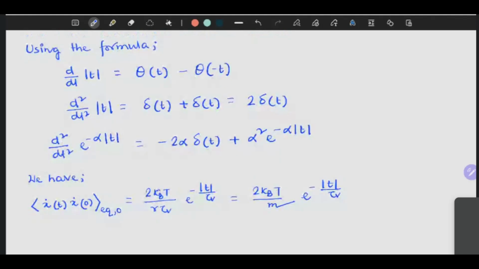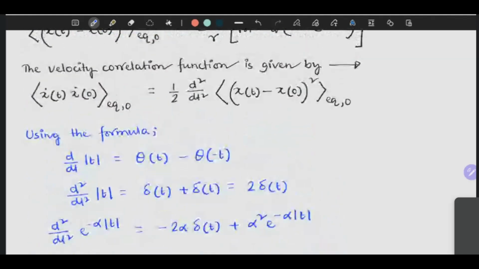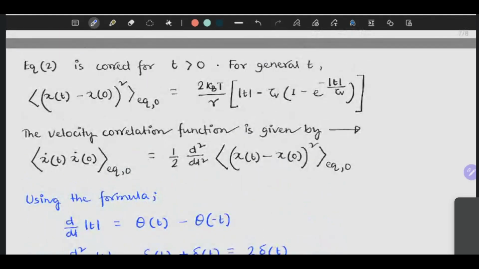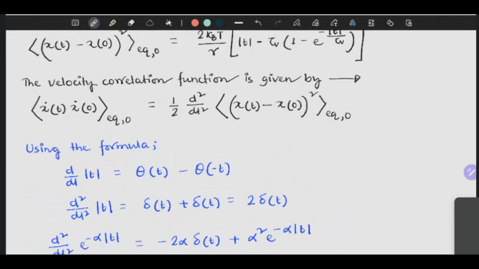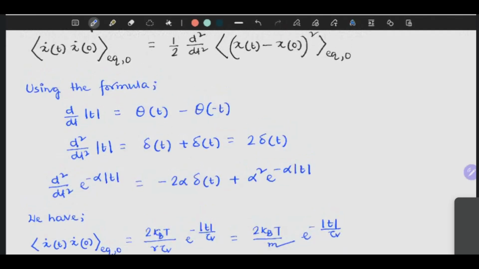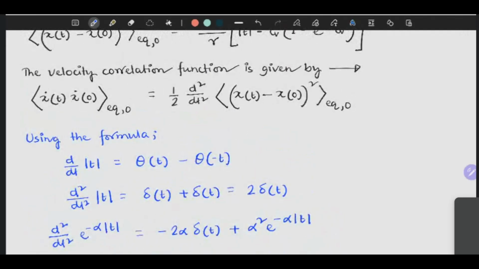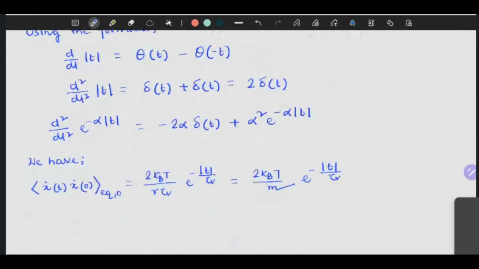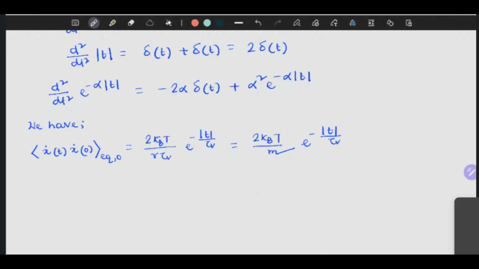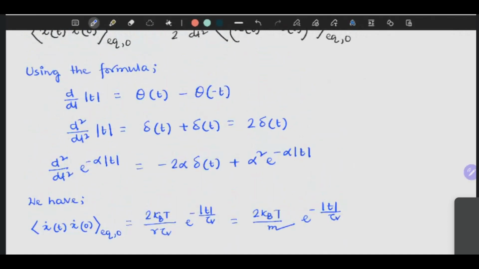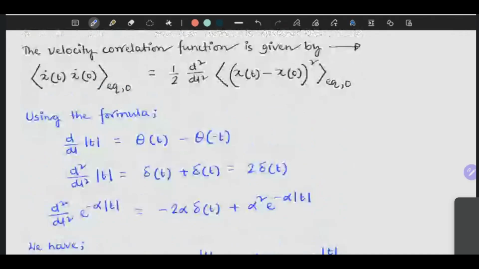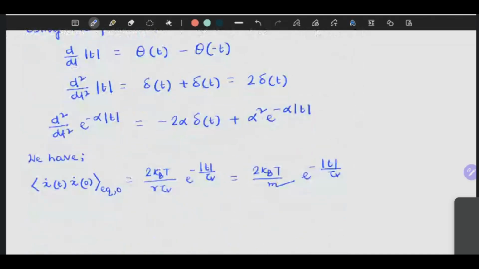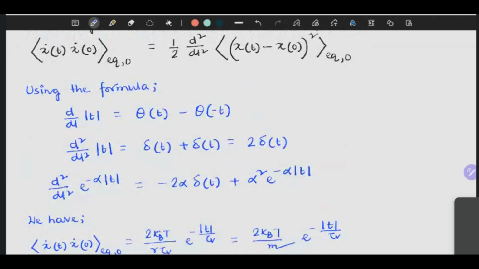How is it happening? We are just substituting this value. For mod t, this will be 2 kBT by gamma. Mod t will give you 2 delta t, and from this expression the 2 delta t cancels out, and only alpha square remains.